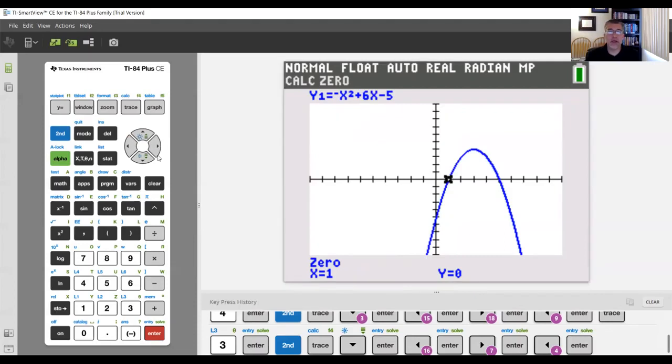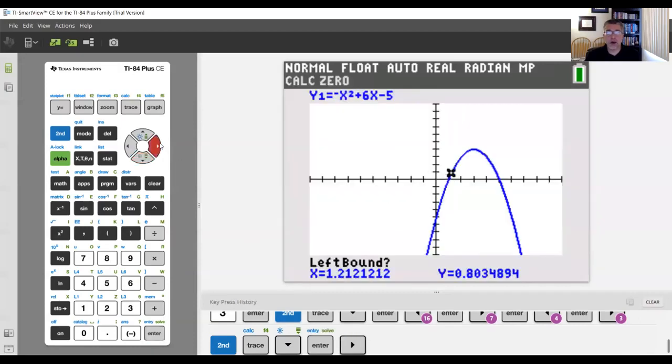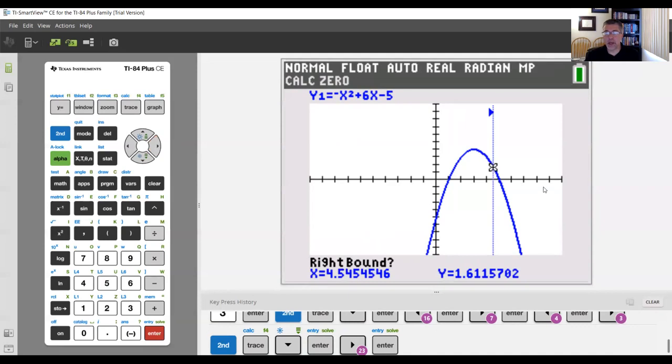Let's try to find the second x-intercept. We're going to hit second trace again to get our second zero. I'm going to arrow over to just left of the second zero, hit enter there, and get my interval.